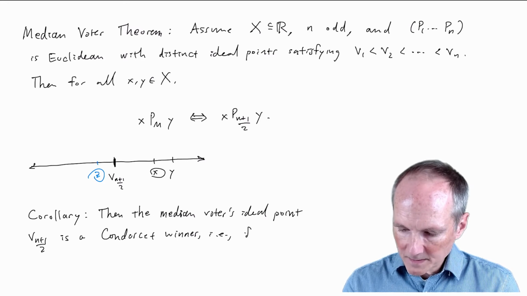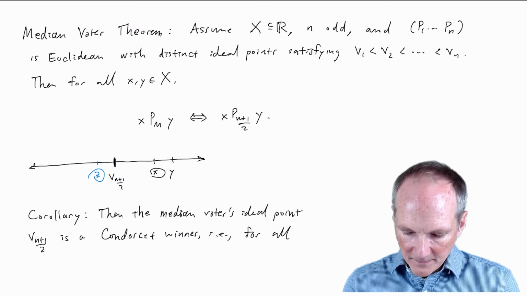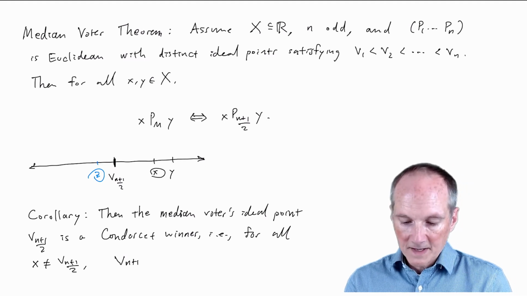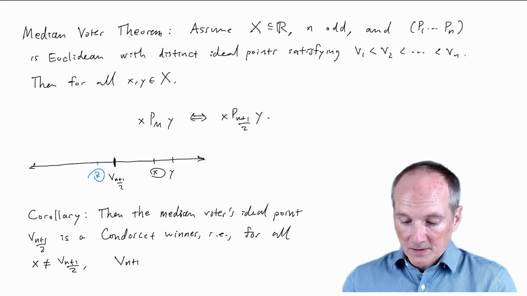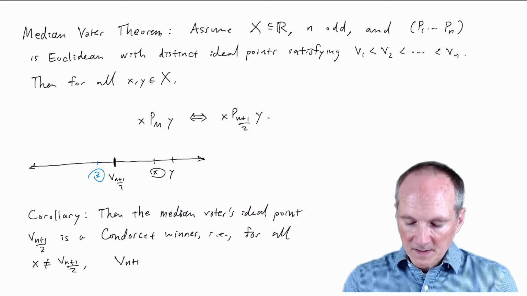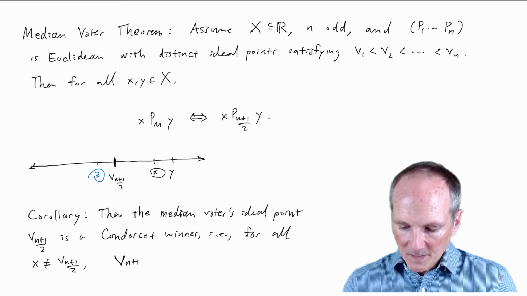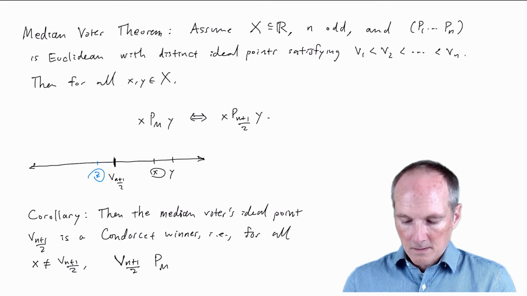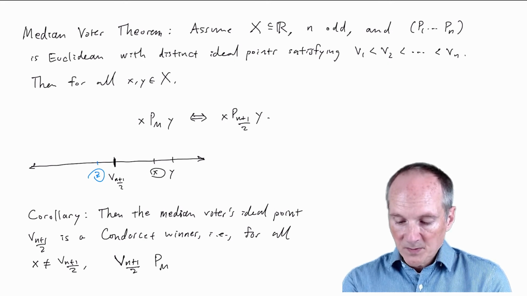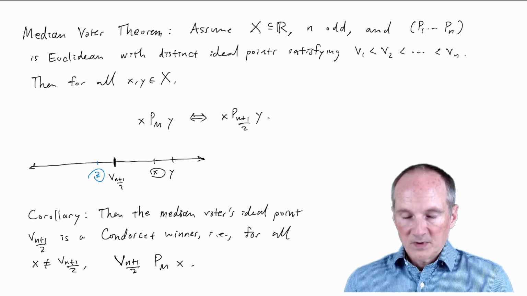Right, and that means if I look at any alternative x that's not this guy's ideal point, well then, right, if x is not this guy's ideal point, that means this median voter prefers their ideal point to x, and then by this median voter theorem, that means that the median voter's ideal point beats x in a majority vote.